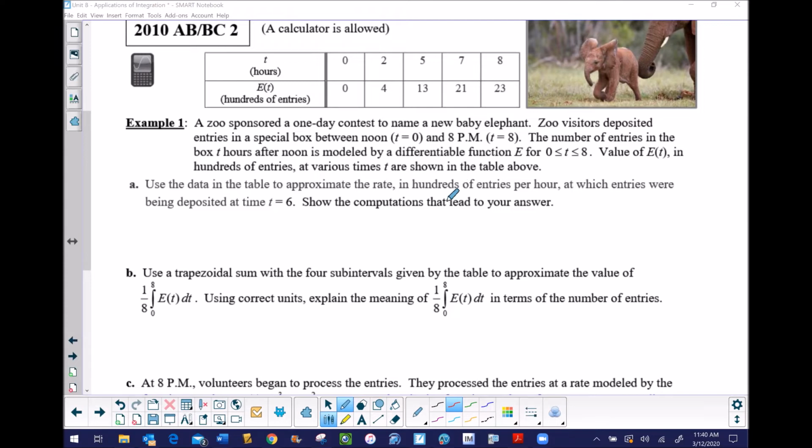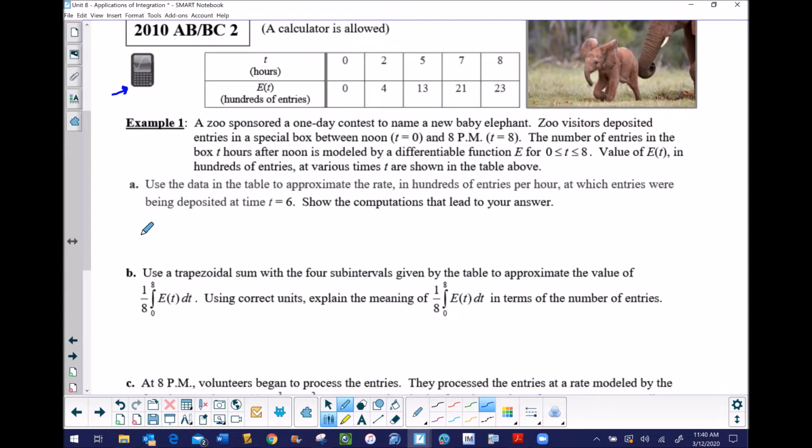So in part A, it asks us to use the data in the table to approximate the rate in hundreds of entries per hour at which entries were being deposited at time t = 6 and show the computations. Now, this is a calculator-assisted question, but that doesn't mean that we need the calculator for every single part. So we'll make those decisions on the fly. Now, for a problem like this, we've taken you here before many times.